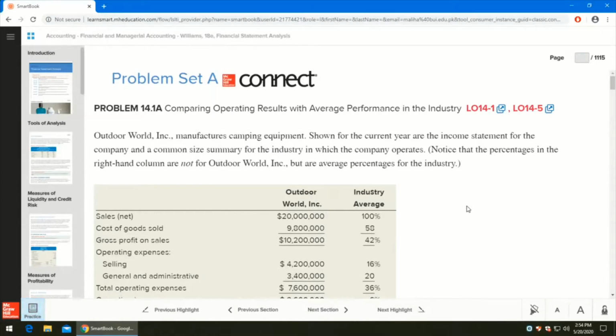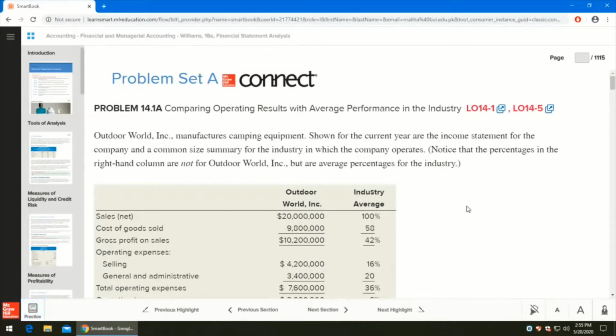So now this is when you compare basically operating results with average performance in the industry. Like I told you, when we talk about average performance, it means the similar product that you're selling is also available with other shopkeepers, factory suppliers. So when we want to monitor the performance, or the comparative operating efficiency of one company with regard to the other, then we look at what is the industrial average.